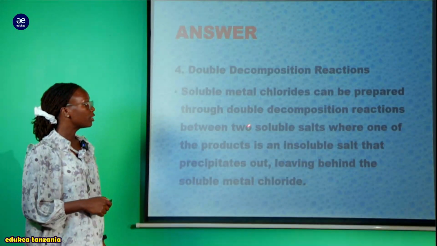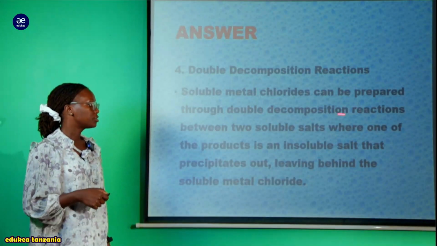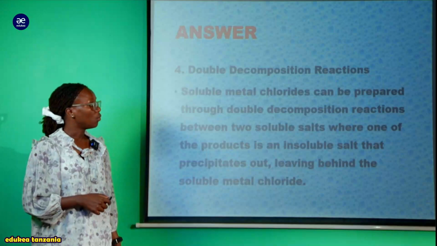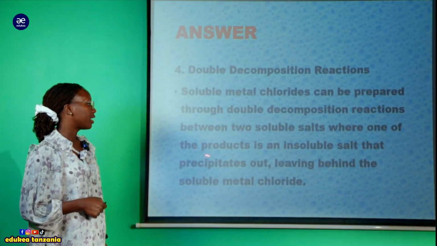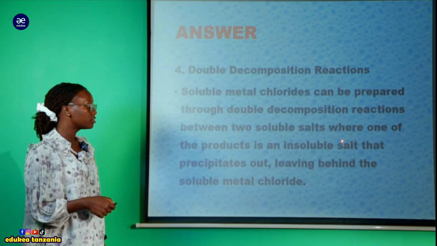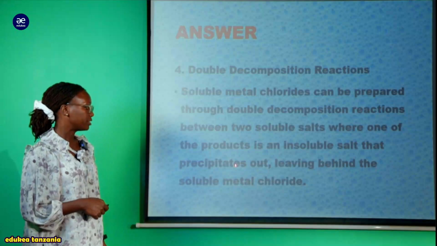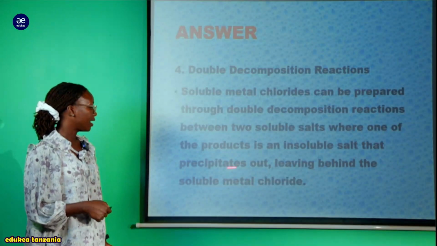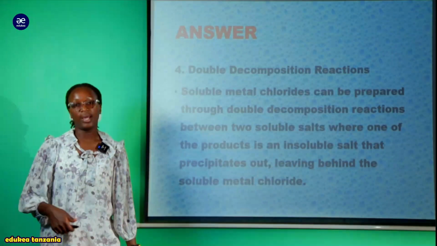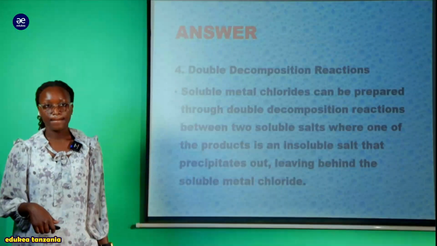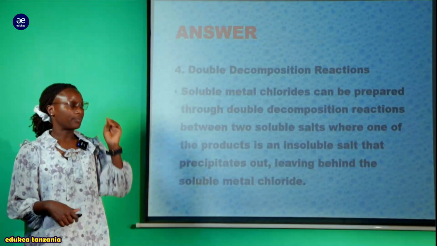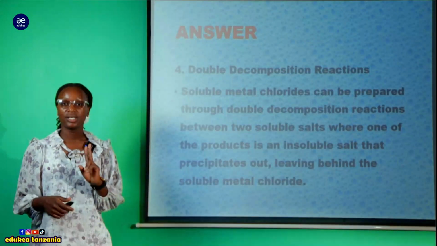reaction between two soluble salts, where one of the products is an insoluble salt that precipitates out, leaving behind the soluble metal chloride. Double means two compounds.